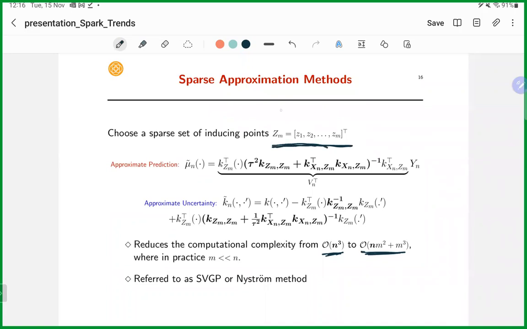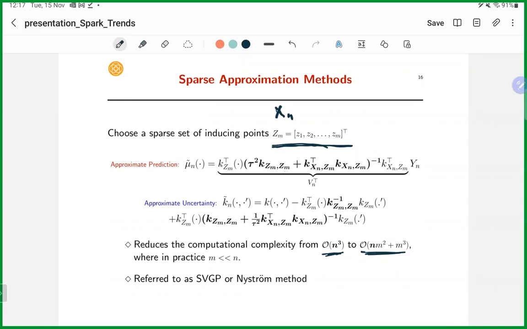Previously we had xn, the set of input data points. Now we introduce a small set of inducing points zm, and we use this zm to describe the prediction and uncertainty. And rather than the inverse of an n by n matrix, which we had previously, now we have the inverse of this m by m matrix.